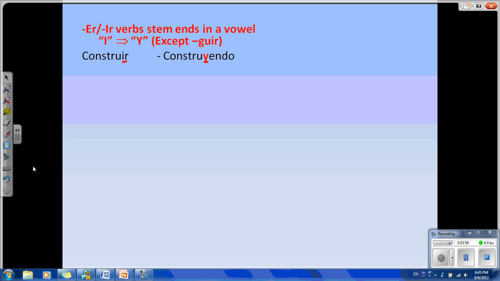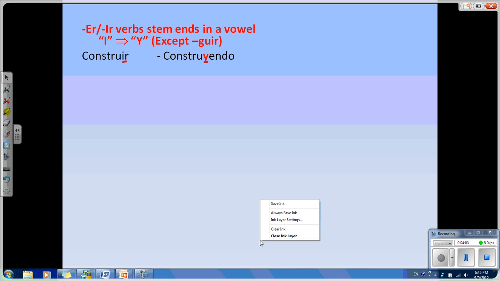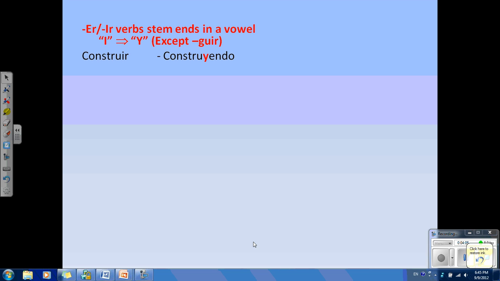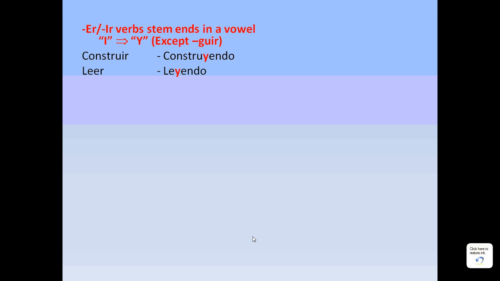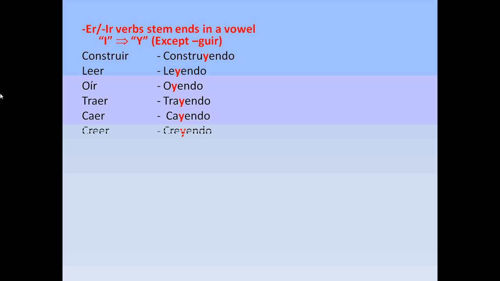Construir, construyendo. Next one, leer, leyendo, oír, oyendo, traer, trayendo, caer, cayendo, creer, creyendo. Okay, so make sure you write these down. All of these, when you take off the ending, the stem ends in a vowel. So the I is changed to a Y.